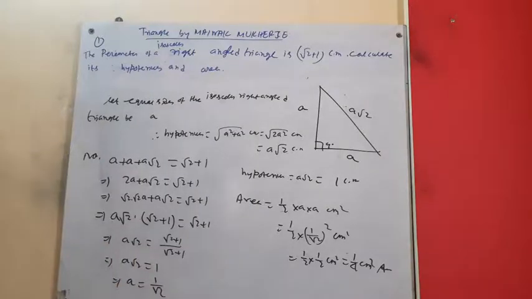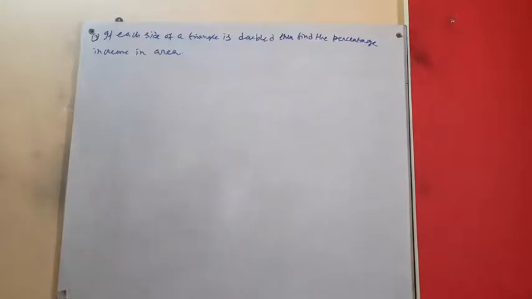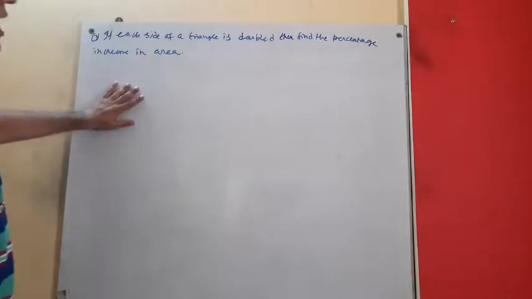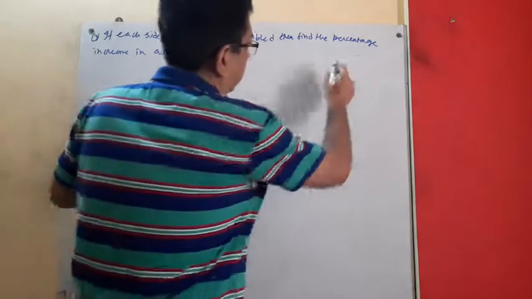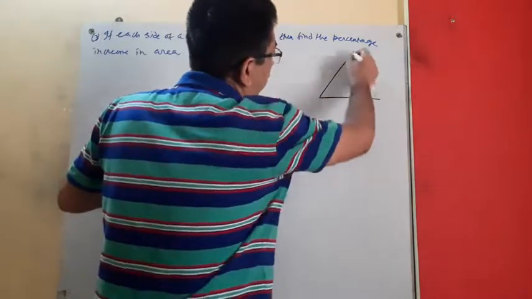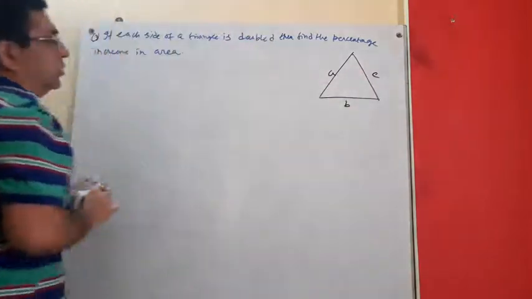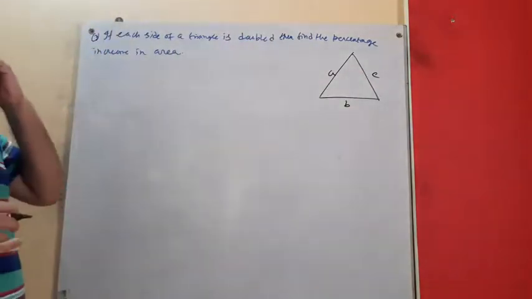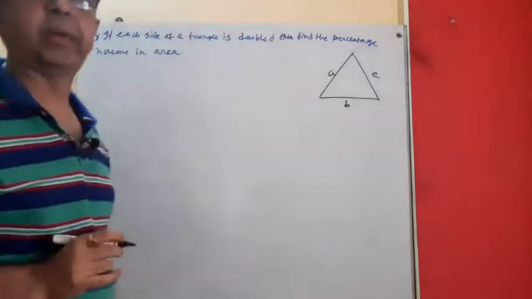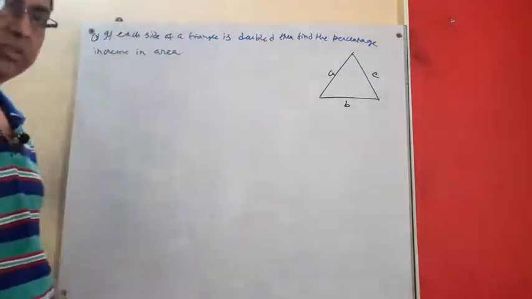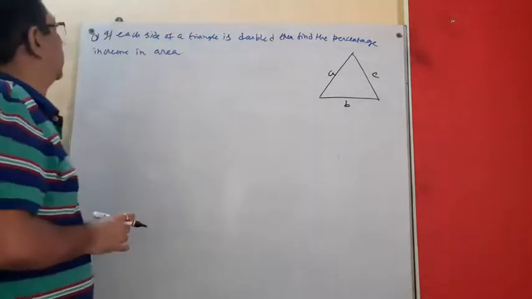Now we'll do the third one. Look, if each side of a triangle is doubled, then find the percentage increase in area. We don't know any side of the triangle, so this is a scalene triangle. We know how to find the area of a triangle by Heron's formula, which we discussed in the previous video.